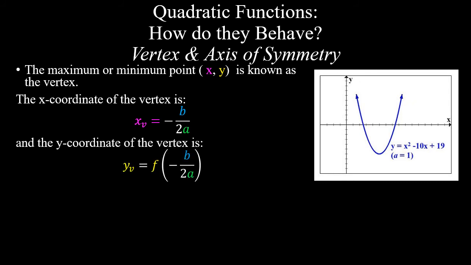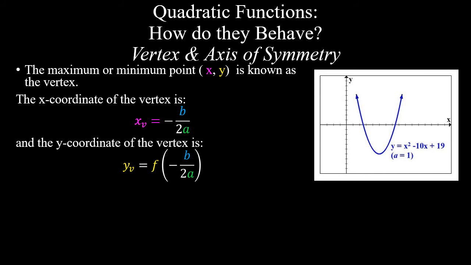And the y-coordinate of the vertex, y sub v? Well, we just take whatever we get for x and plug it into the function. So it's f of negative b over 2a. We're basically just finding the x value and then plugging it into the function to solve for the y value. That's all that means.